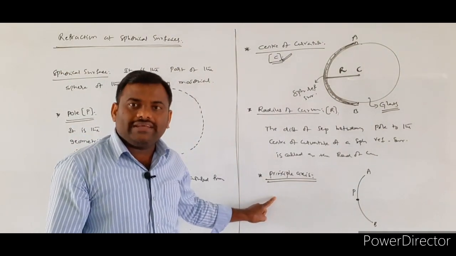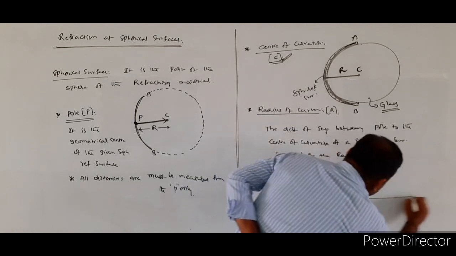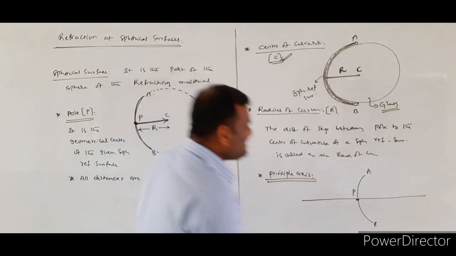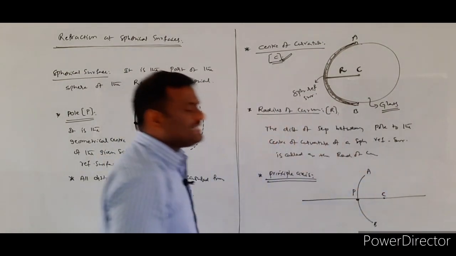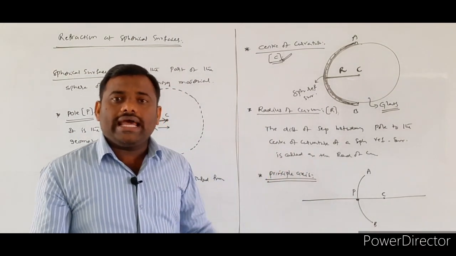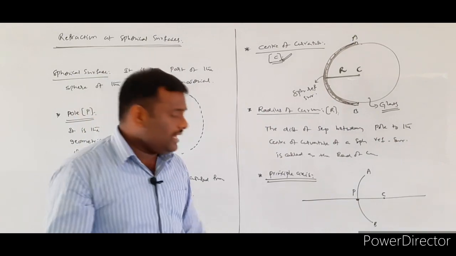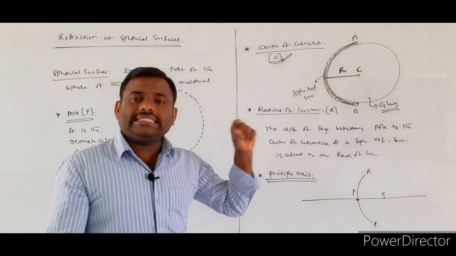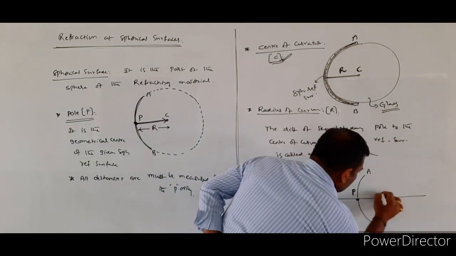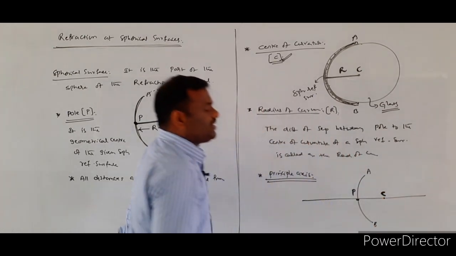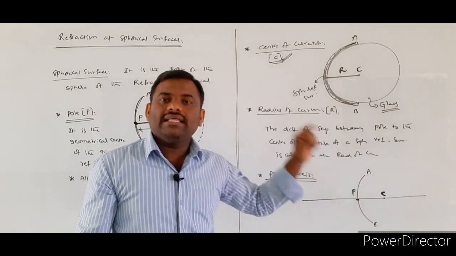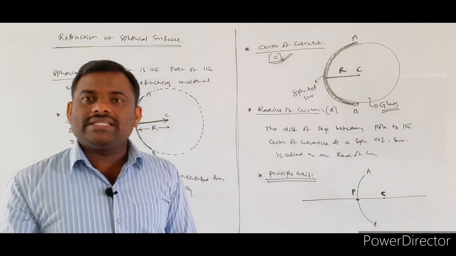The principal axis is defined as the imaginary line which passes through the pole and center of curvature of a given spherical refracting surface.